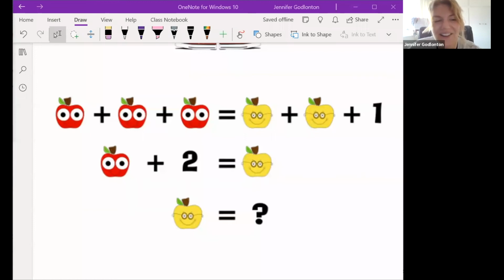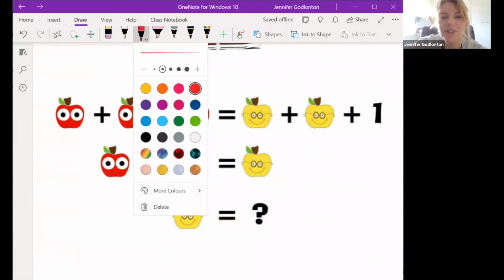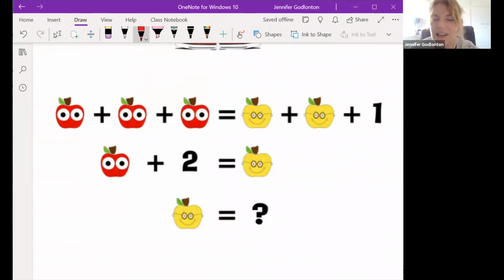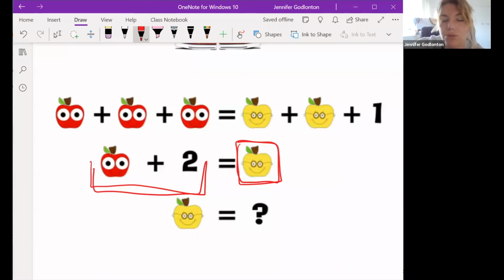Let's just talk about how you can actually find the answer for this one so that we don't have to guess. Okay. So look at this a little bit. You have to use the same sort of thought pattern that you used when I gave you the one on Tuesday. So one of our yellow apples is equal to a red apple plus 2.